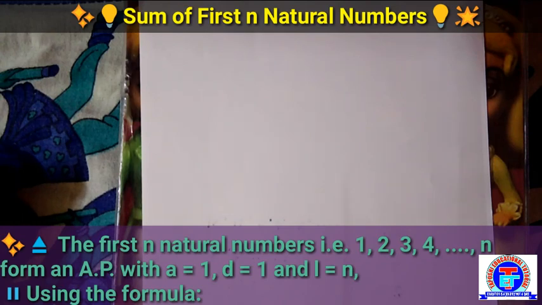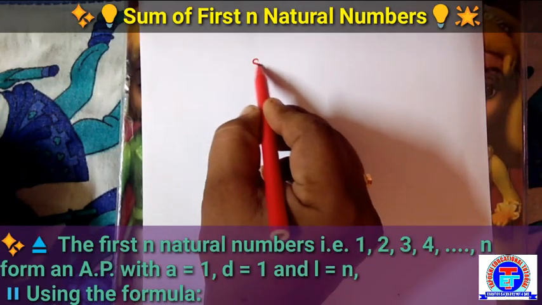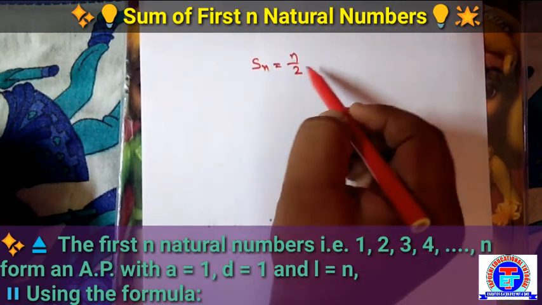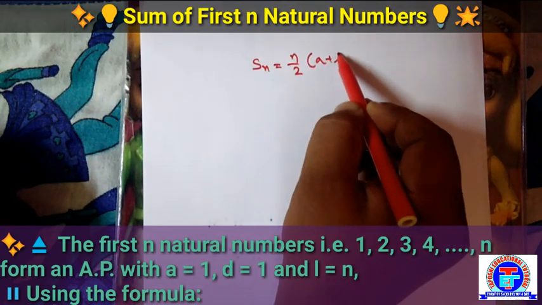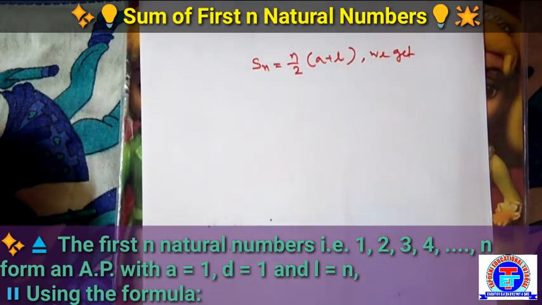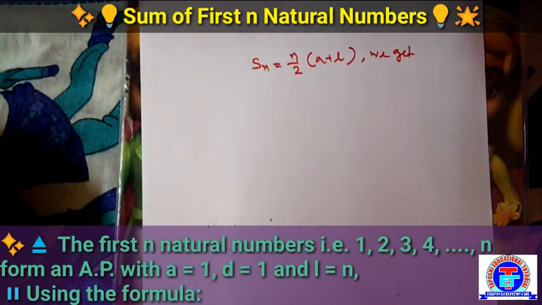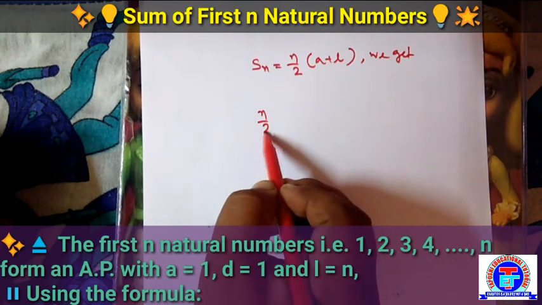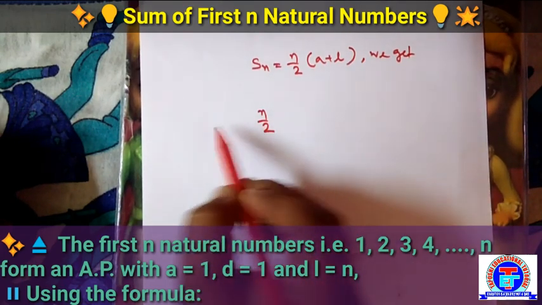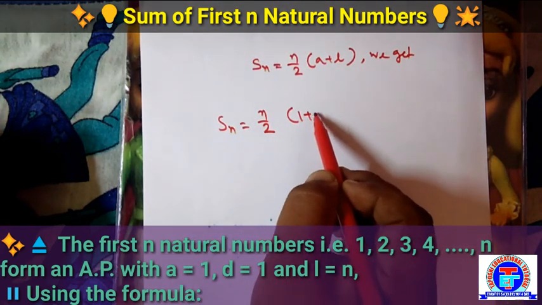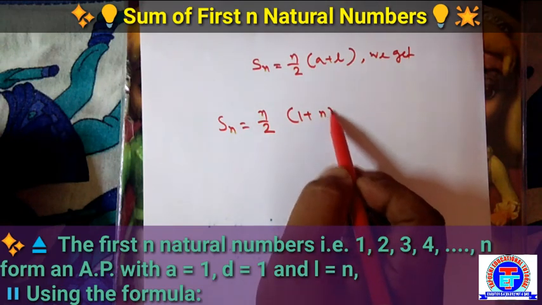Using the formula Sn is equal to n by 2 into (A plus L), we get the sum of the first n natural numbers is equal to n by 2 into (1 plus n).